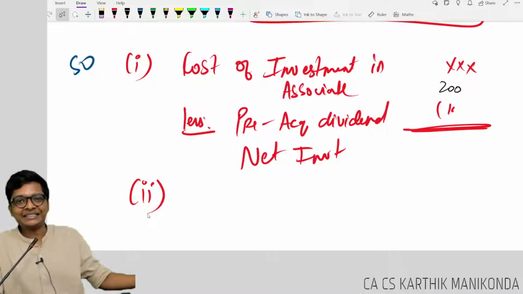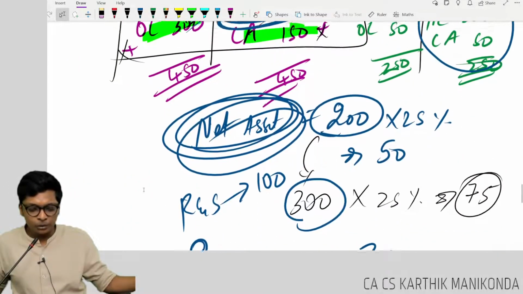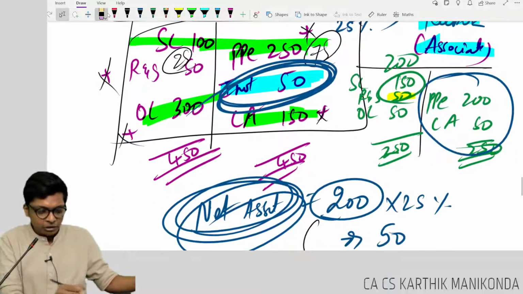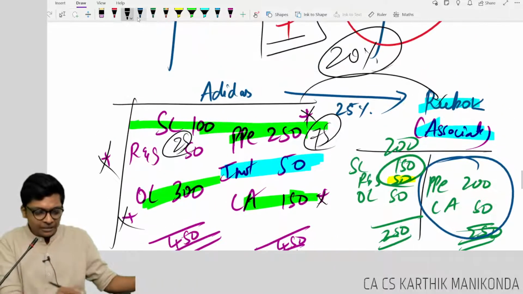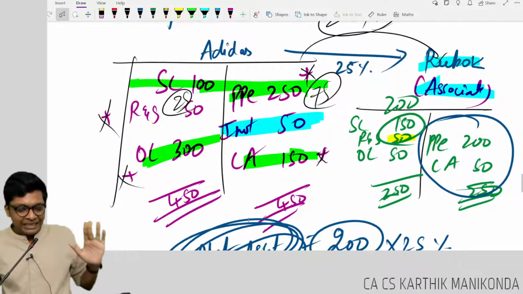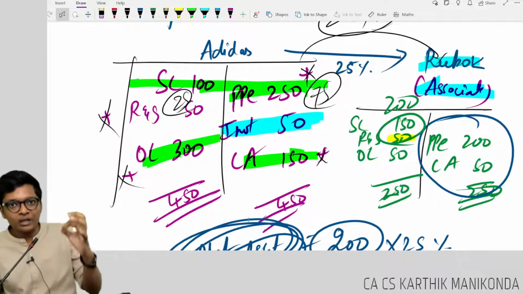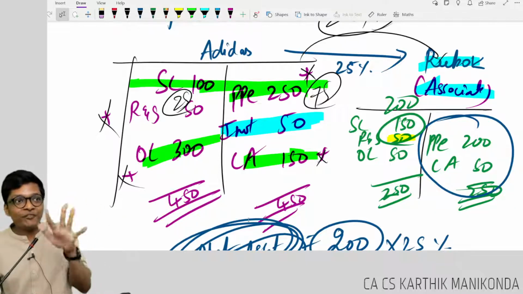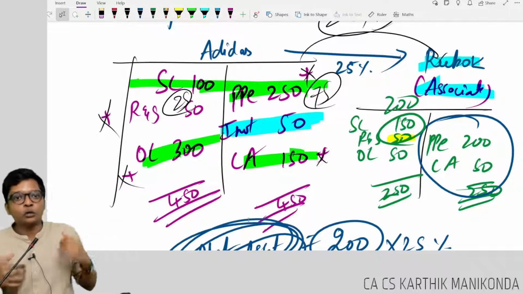The second step is basically, come back over here, come back to Reebok Adidas. I hope it's not that shabby. Numbers are visible, guys. Are you able to understand the numbers, or do you want me to rewrite it? Able to follow? In this example, what is the goodwill or capital reserve on acquisition? Step 5 of consolidation. What you paid versus what you got.